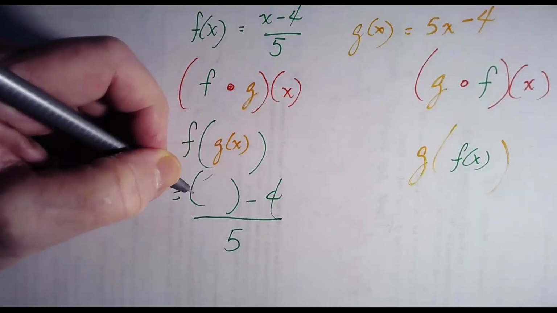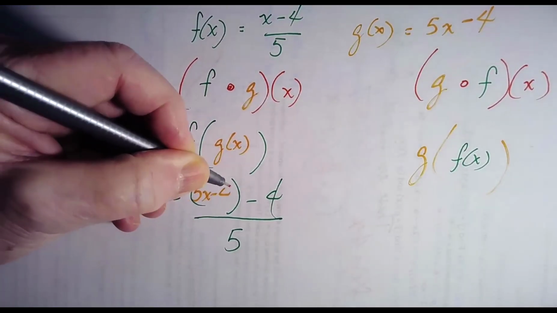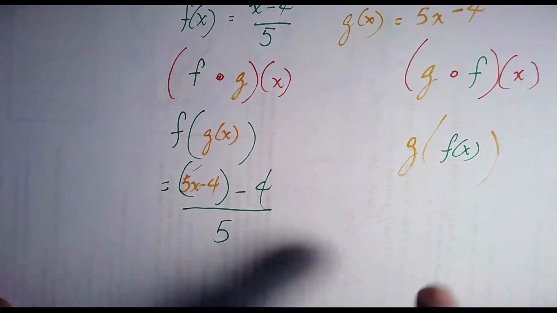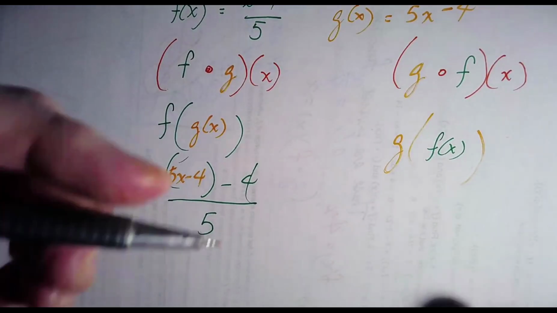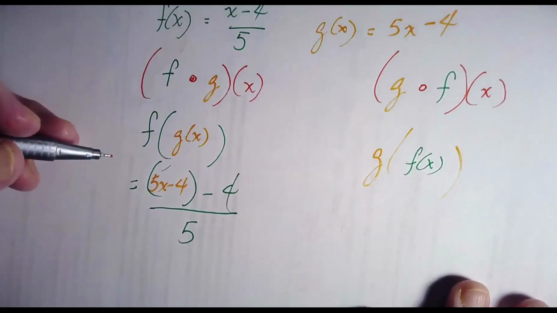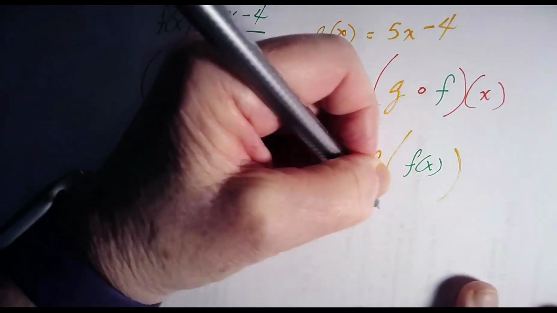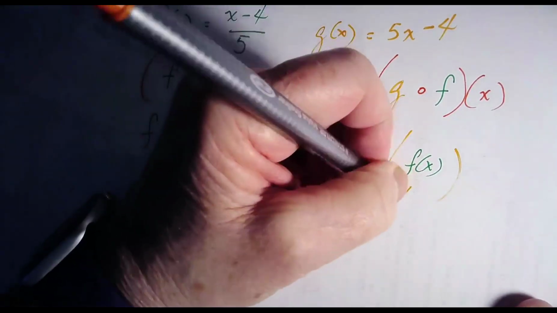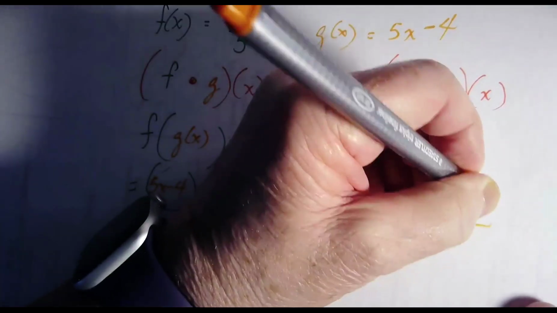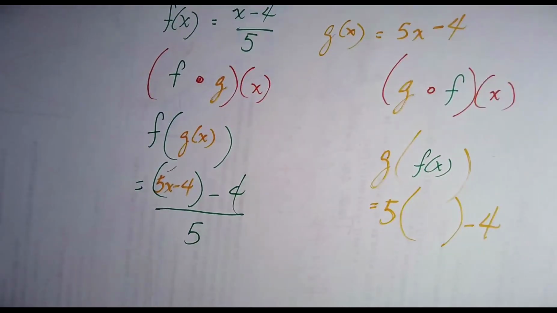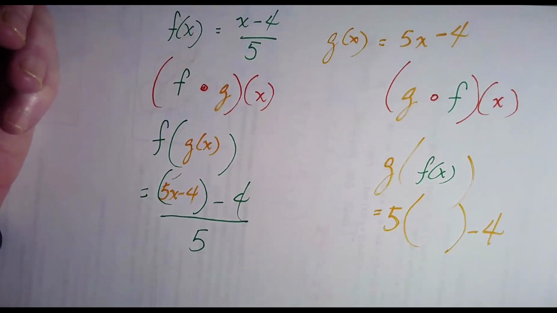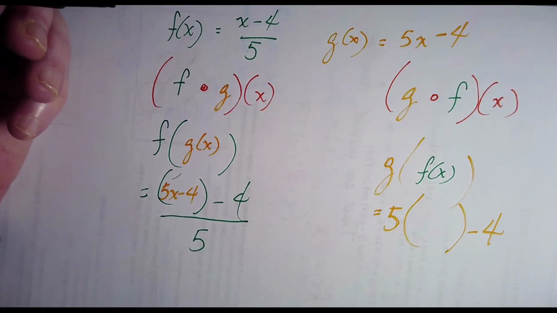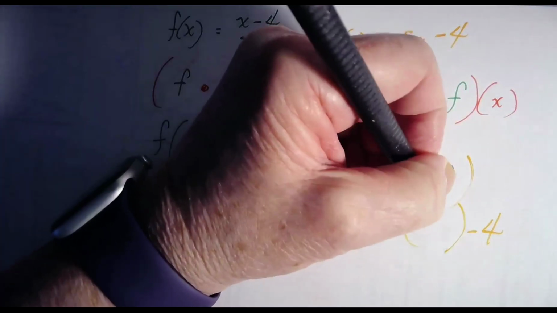Yes, excellent. And let's set this one up as well. We've got G on the outside, so the formula for G is 5x minus 4. And what am I putting on the inside here? (x minus 4) over 5. Beautiful.